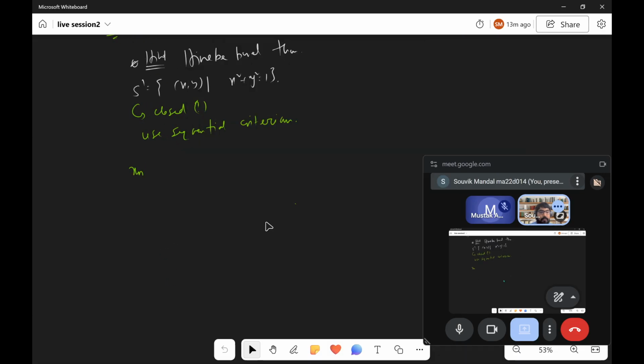Okay. So let x_n, y_n be a sequence in the circle converging to x, y.